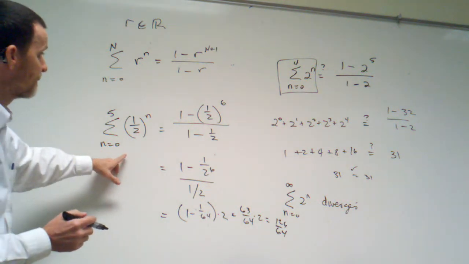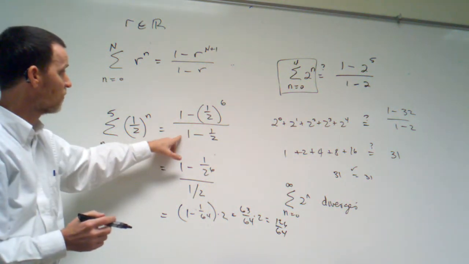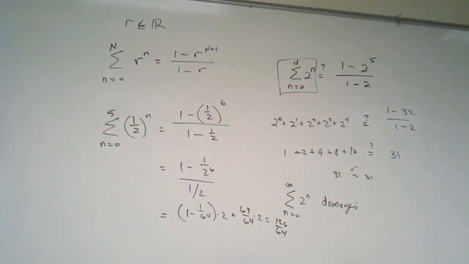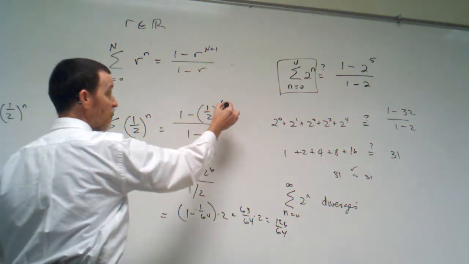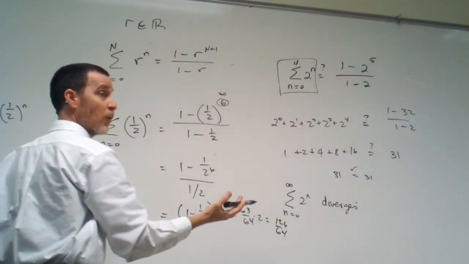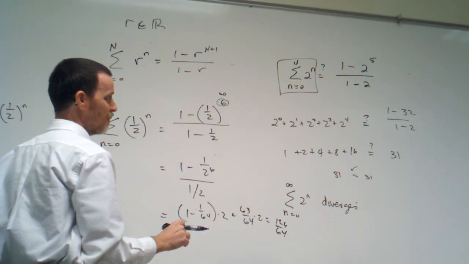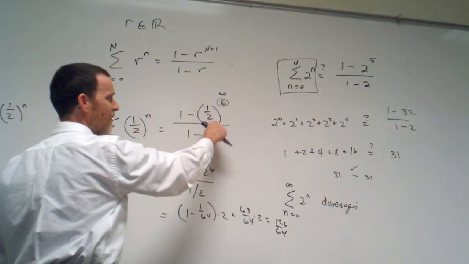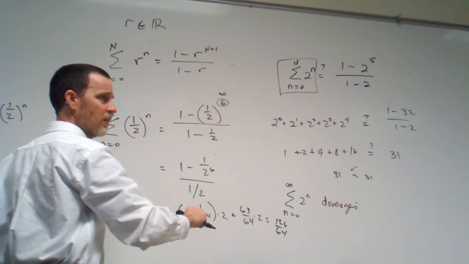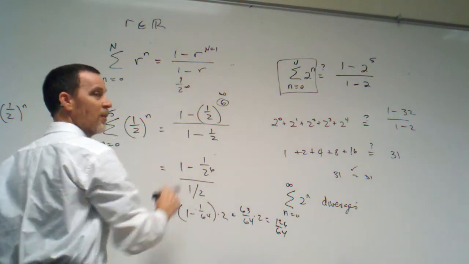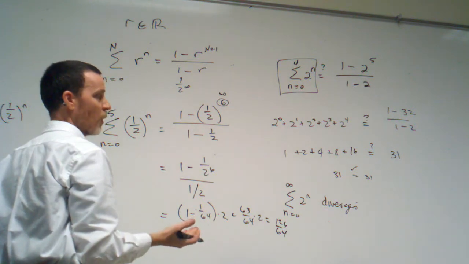Now, what happens to this if I wanted to go to infinity? Real small. Yeah, this part's going to be, think of it as to the infinity power, right? If I think of 1/2 to the infinity, what's that going to be? 1 over 2 to the infinity, which is 0, right?